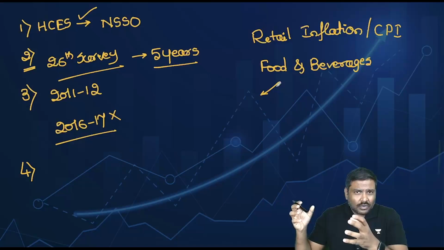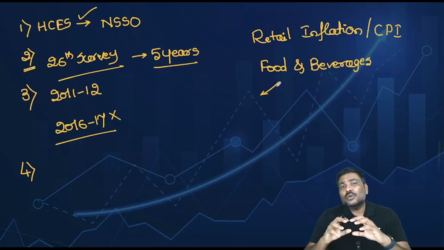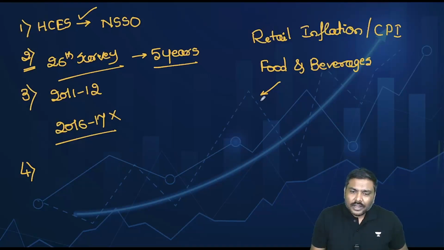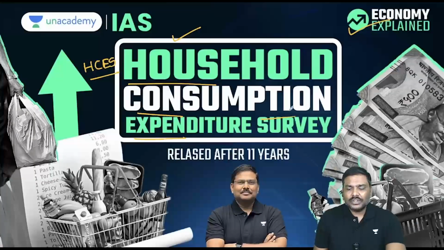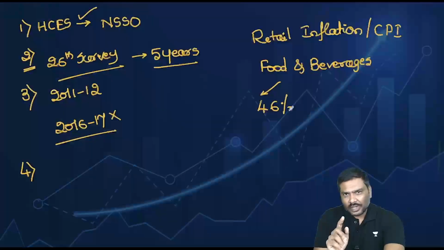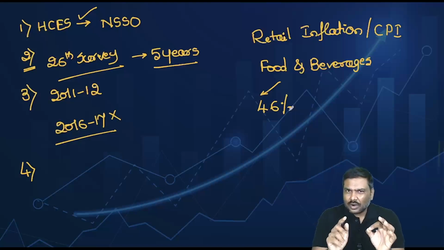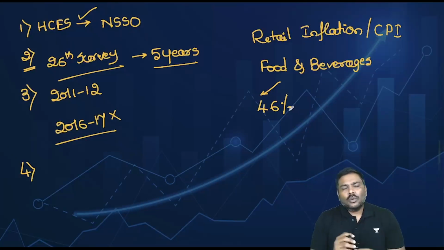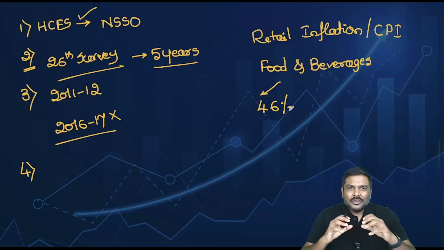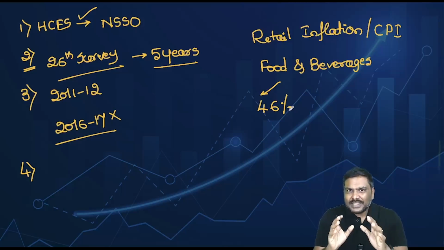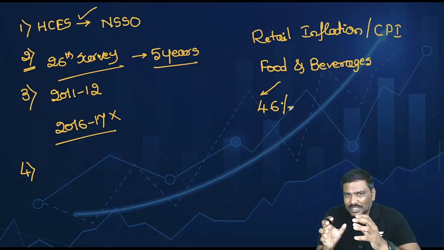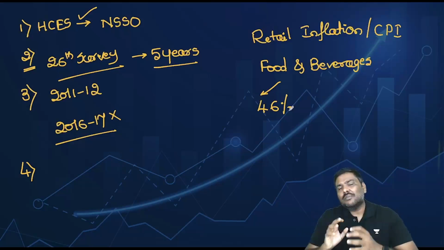In case of overall India, my focus will be on overall India, the weightage given for food and beverages, rounding off the number, is around 46%. Now, what is the importance of the weightage? 46% weightage basically means that on average, households are spending that much money on these commodities.